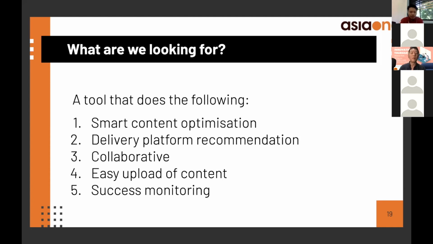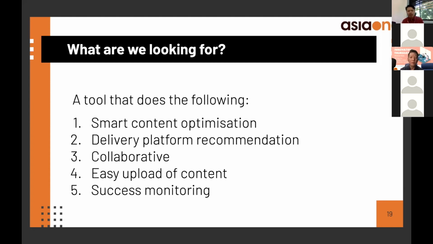Number 4. Easy upload of content, because like Simon covered earlier on, we have a CMS, content management system, to help produce our content, right? The distribution aspect of content comes after the creation and the publishing.